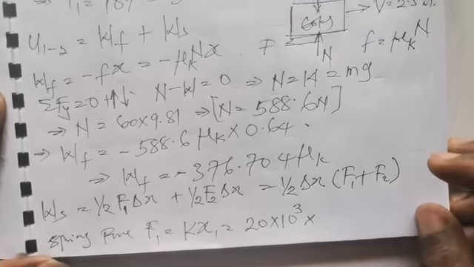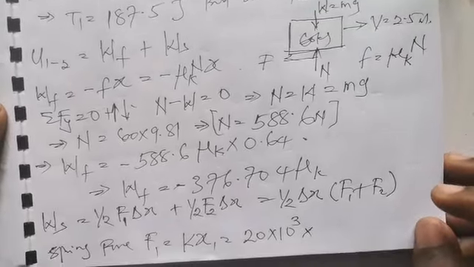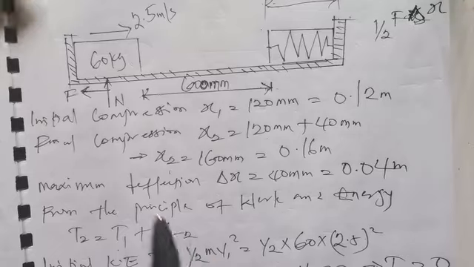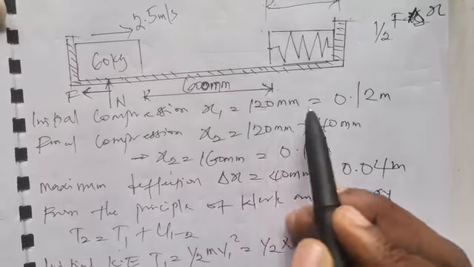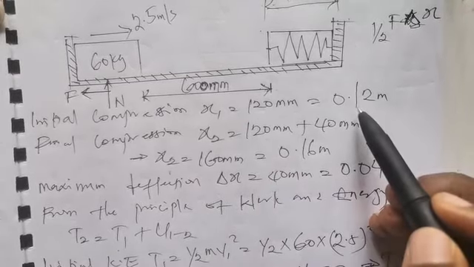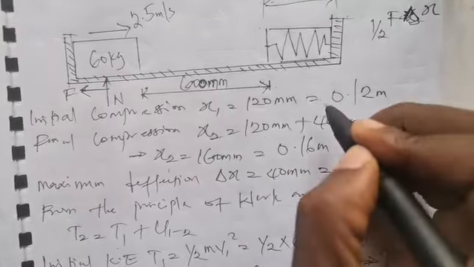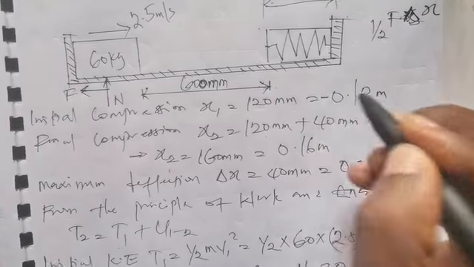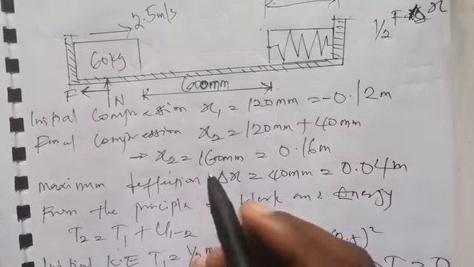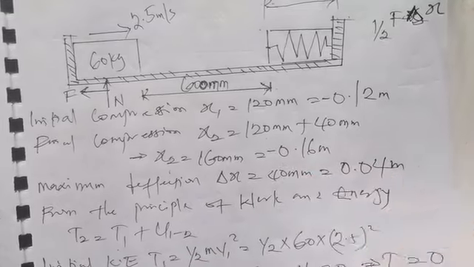Remember, since it is compression, it's now going to be negative. So the first compression was given to us as 120 millimeter. X1 was simply given as 120 millimeter, which we converted to be 0.12 meters. Now, since this is compression, we are going to be appending negative for compression. Similarly, for the X2, also negative for compression.